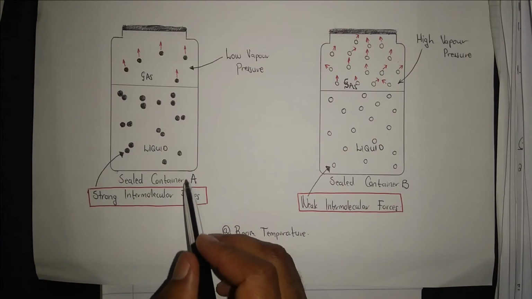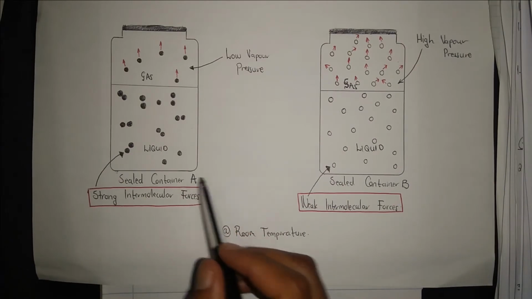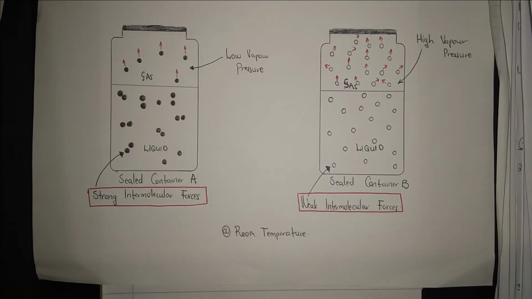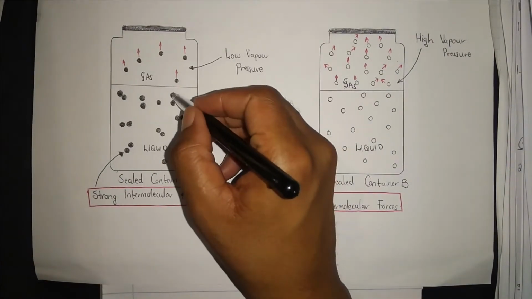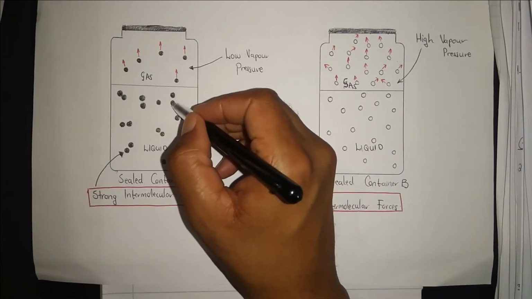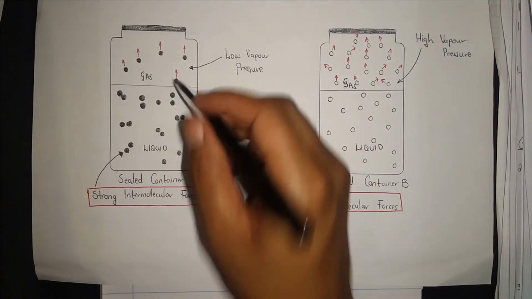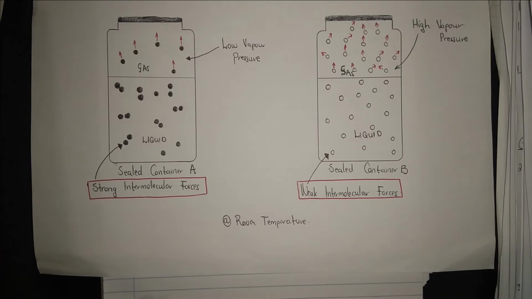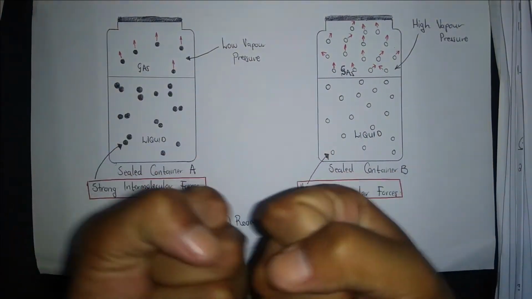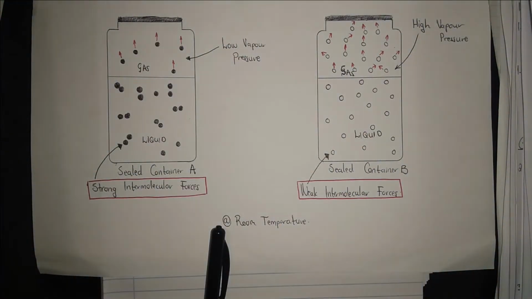So imagine container A having an alcohol, for instance. The intermolecular forces between its molecules are strong, such that the molecules do not separate that easily.